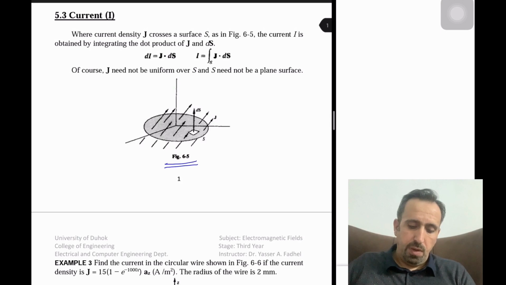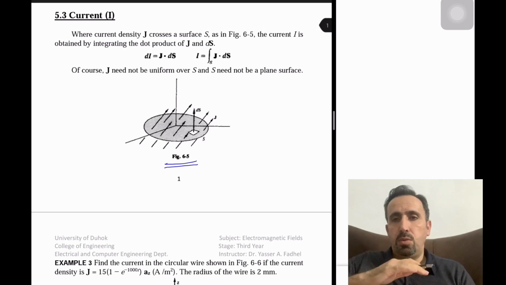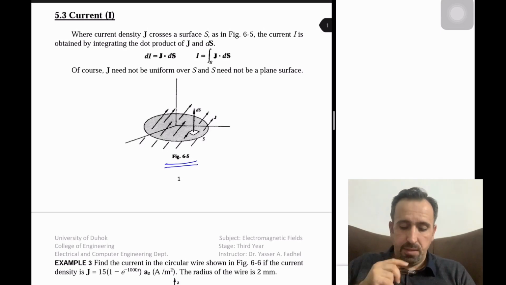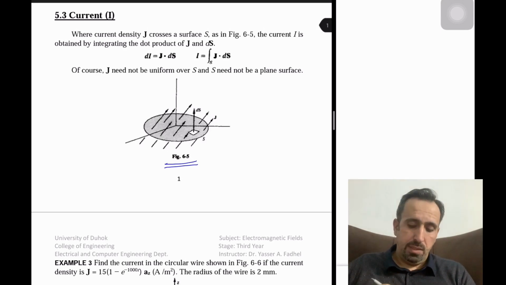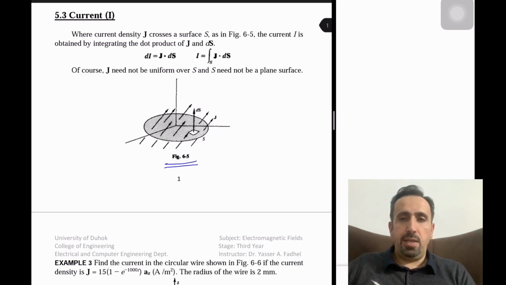Figure 6.5 shows a certain cross-section area, maybe of a certain conductor, and you have a current density passing through it, maybe normal to this cross-section or at a certain angle. Here it is plotted as a general case, having a certain angle with it.